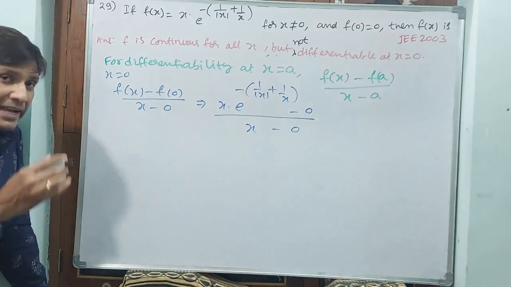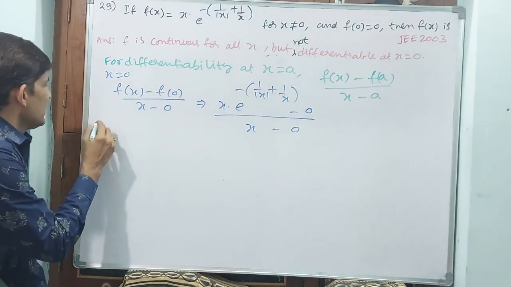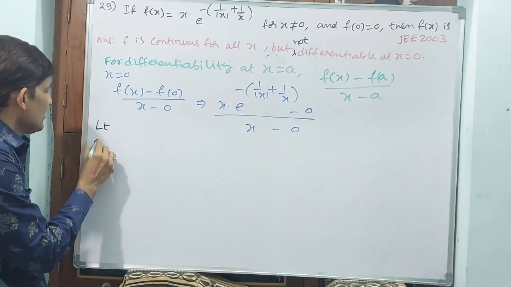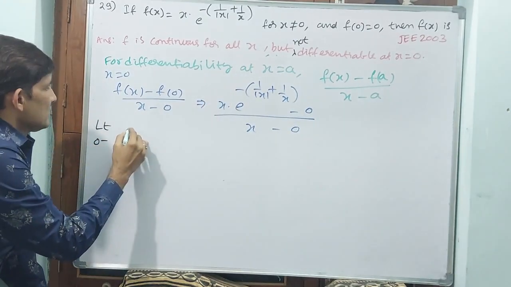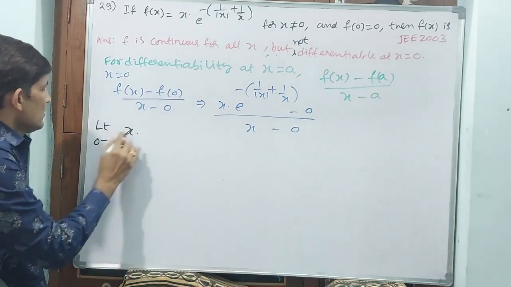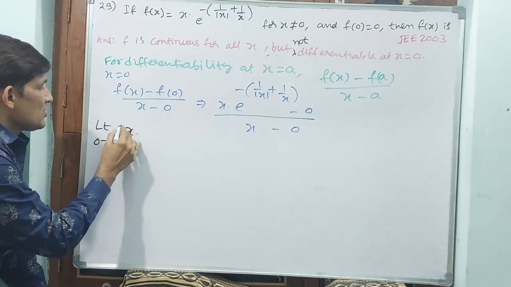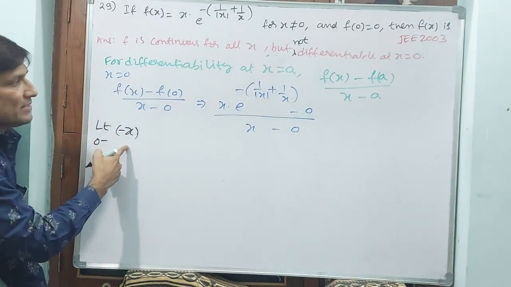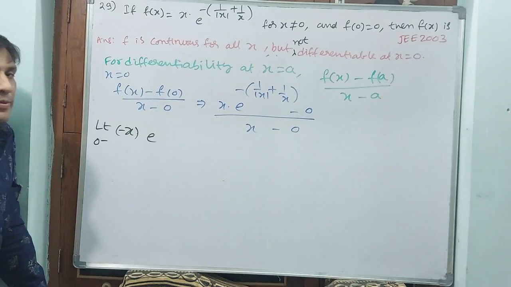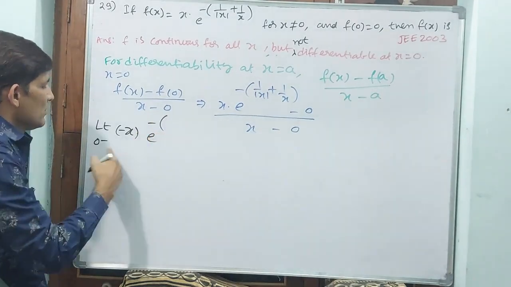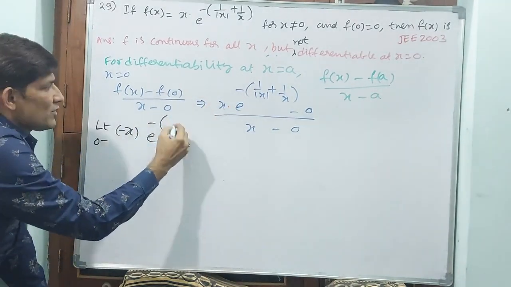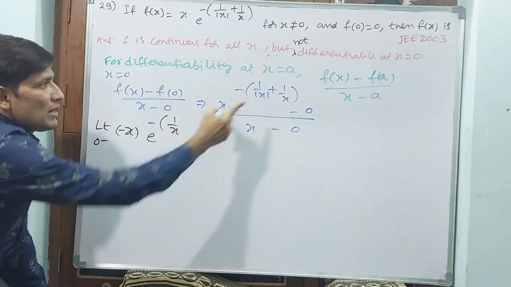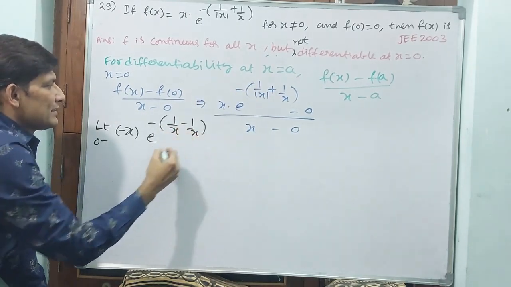Again we will apply 0 plus and 0 minus. Okay, see, limit x tends to 0 minus, x into, 0 minus means what will come? This is going to become negative again. Minus x e power minus of, even though minus it is going to become plus only, but this is going to become minus.